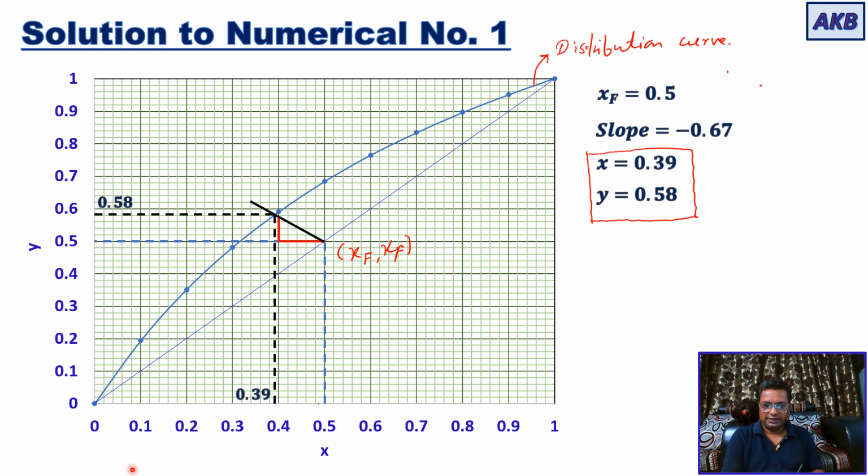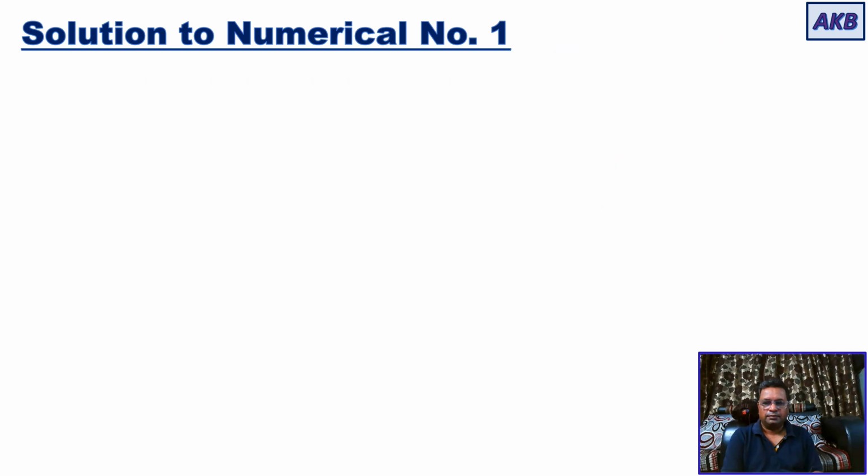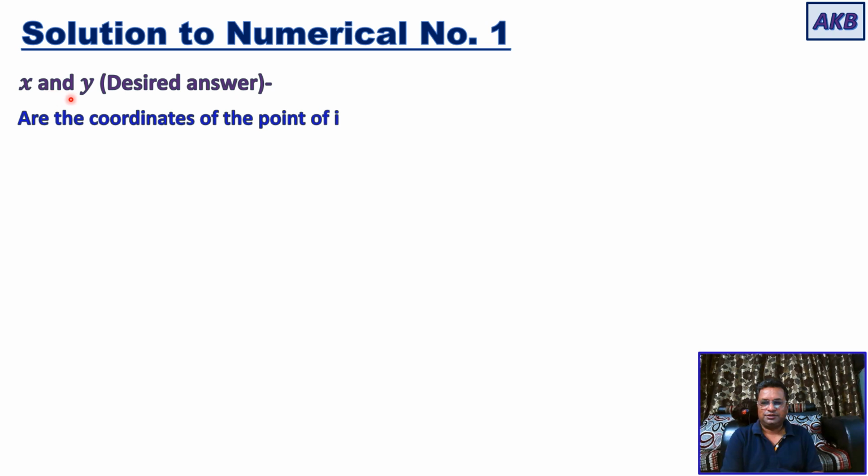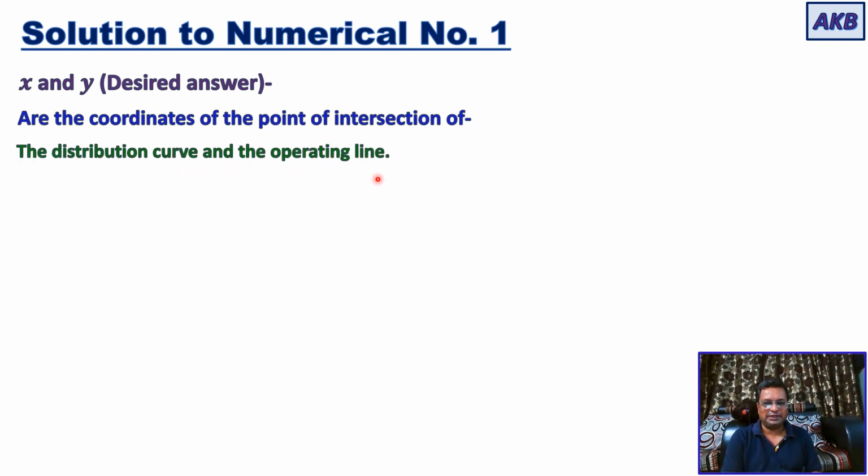Let us understand how to get it analytically. We are supposed to get x and y. x and y is the desired answer. If you have seen the graph carefully, these x and y are the coordinates of the point of intersection of the distribution curve and the operating line.